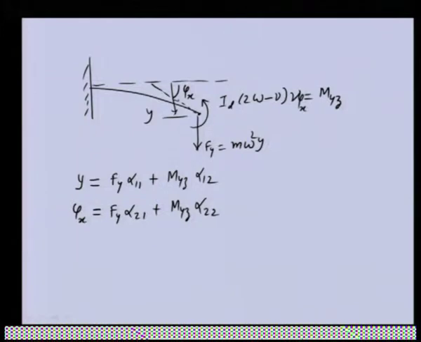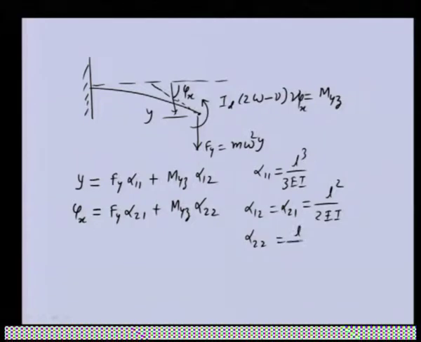Like for the cantilever beam case, we have these influence coefficients as L cube by 3EI, and alpha 12 and alpha 21 are the same, that is L square by 2EI, and alpha 22 is L by EI.